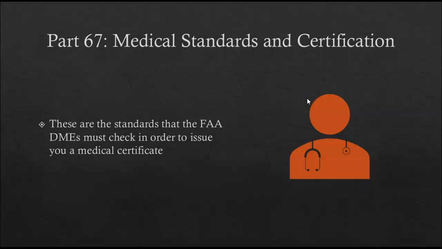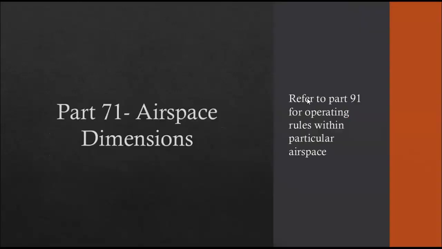And the requirements vary based on the type of medical certificate. So to qualify for a Class 1 medical certificate, you may have to satisfy more stringent requirements than if you just need a FAA Class 3 medical certificate. And those differences are listed in FAR Part 67.